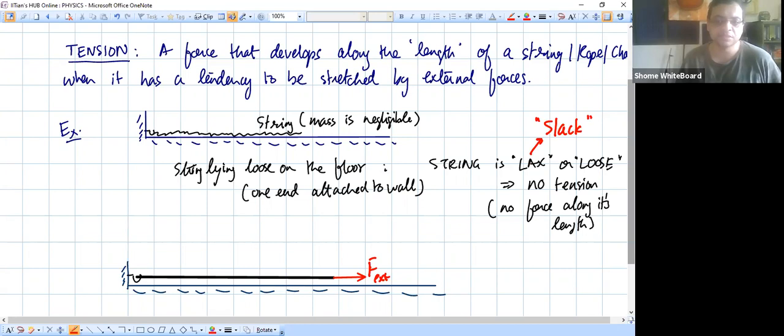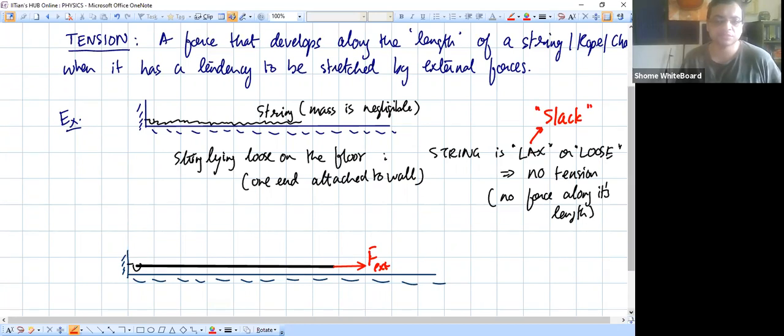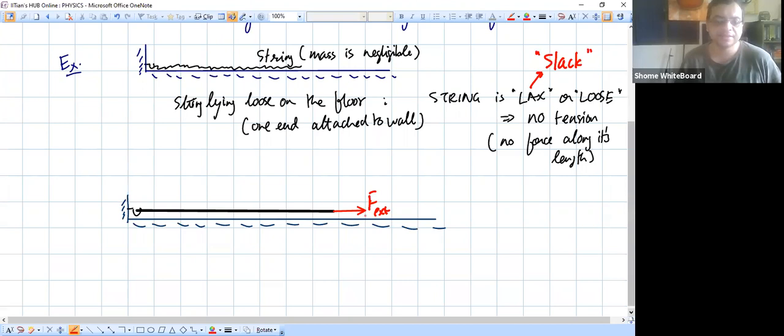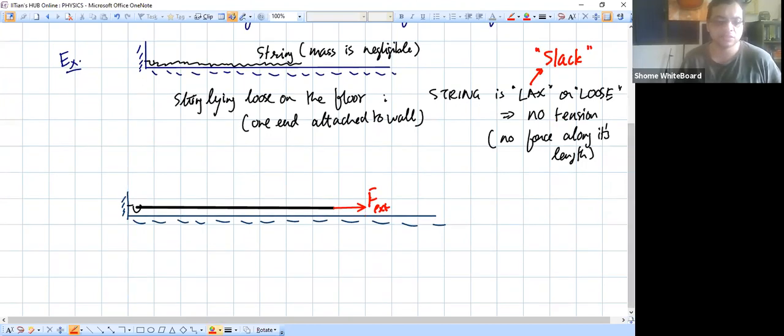So in terms of forces, the moment we apply external force on the string over here, there is a tendency for it to accelerate towards the right. But it's attached to the hook on this side. So on the string, there are two mechanical forces that start acting. One is the force that the external agent is applying.